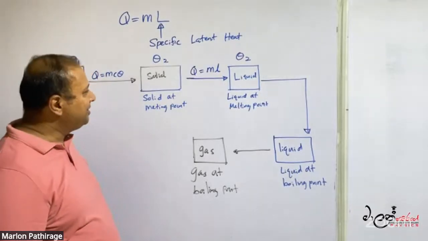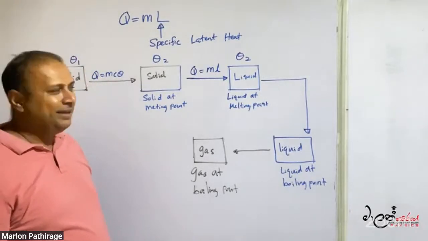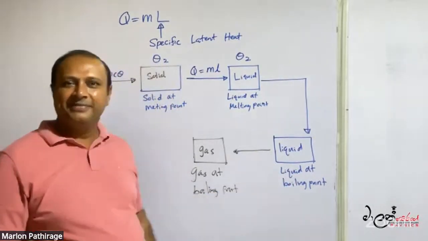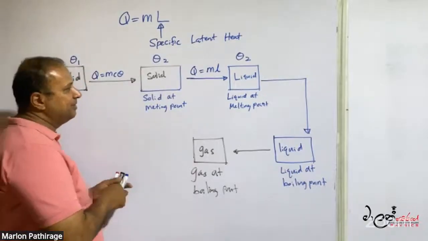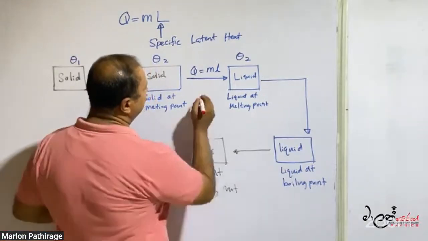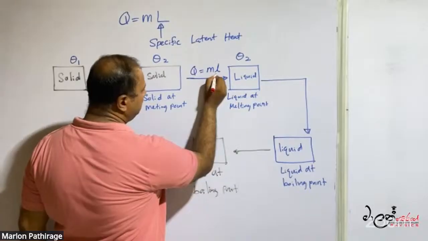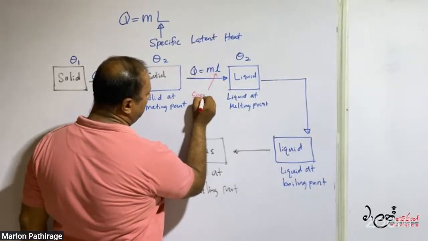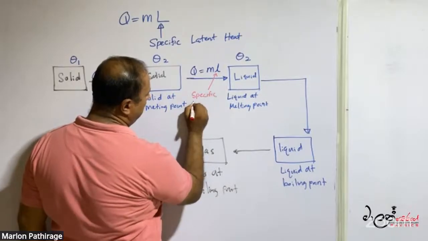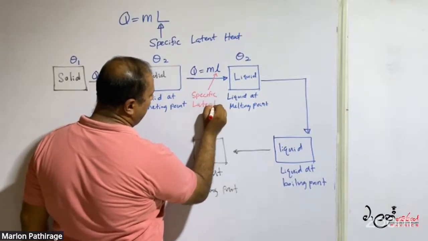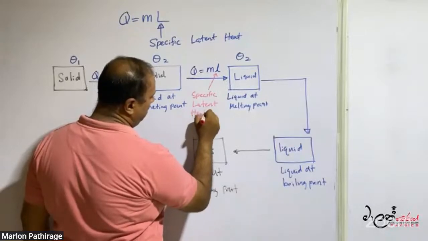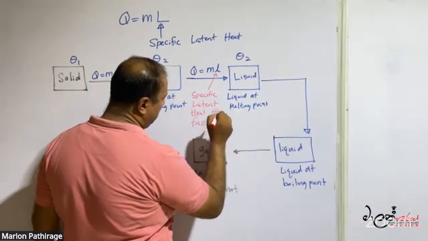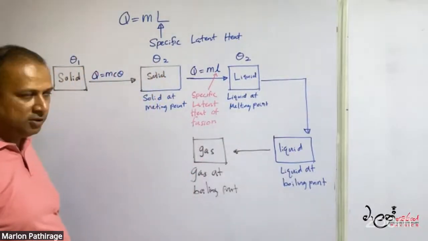We can represent it as a capital L. So this is called the specific latent heat of fusion.